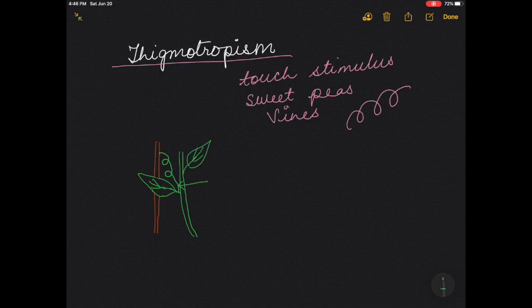After receiving the stimulus, the tendril starts twining around the support. Now it has got support, so it will start twining around the support. If you see any weak stemmed plants growing in a field, see how the tendrils twine around the support. The tendrils provide a well-known example of thigmotropism.